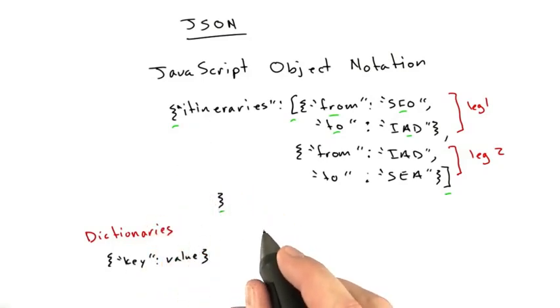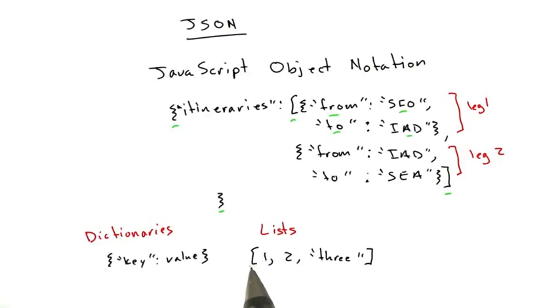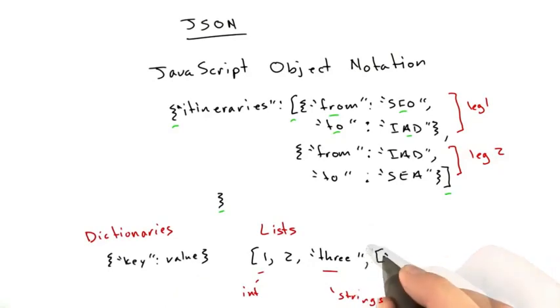You can also have lists, which use brackets just like Python does, and separate the values in the list with commas. So we could have 1, 2, and the string 3. So we can have both integers and strings in our lists or in the value of a hash table. The list can also be the value of a hash table. A list can also be an item in a list. This could look something like this.